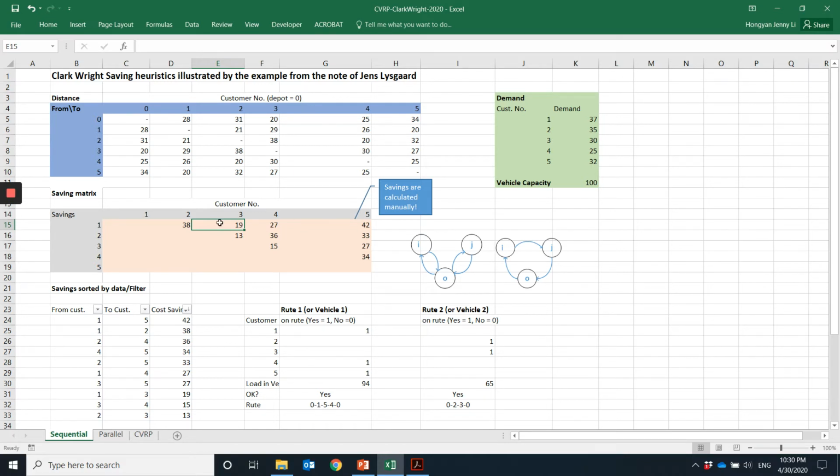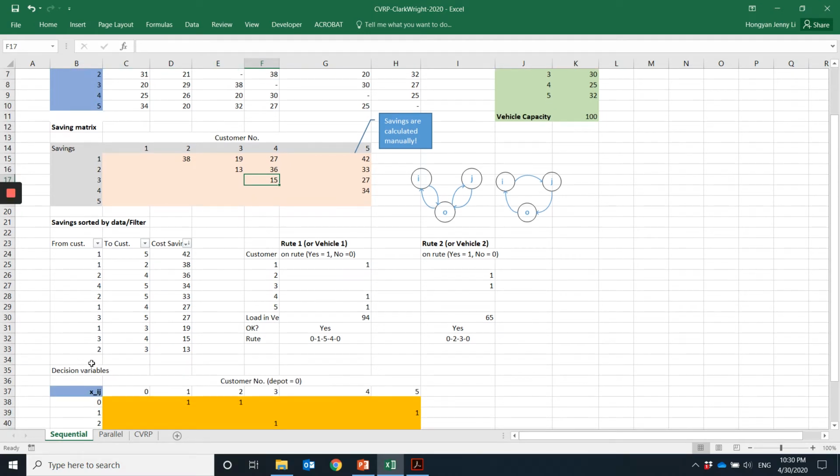We continue to calculate the savings for each pair of customers, and then you can see I got these different values. This calculation is done manually because I remember the cost saving formula, so I know which part is saved and which part is added. Then I can calculate the savings.